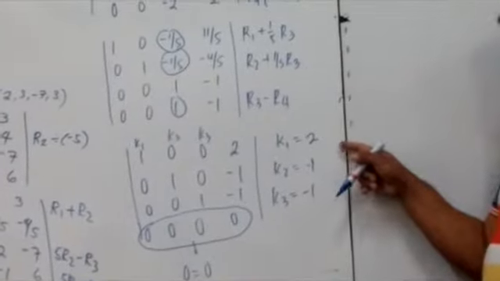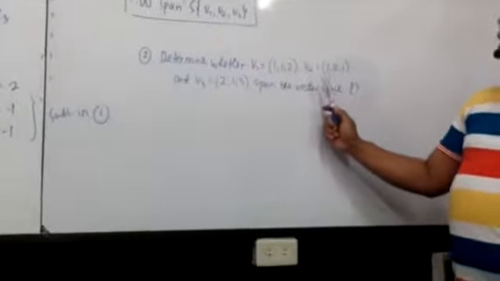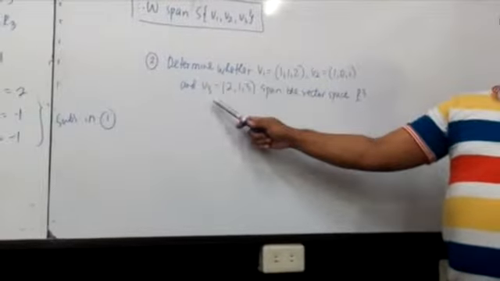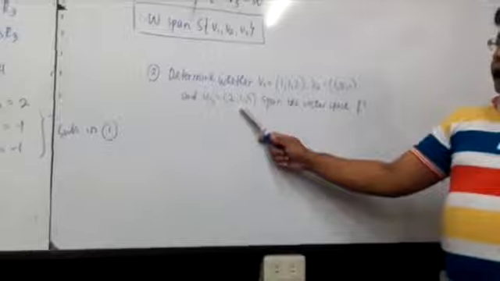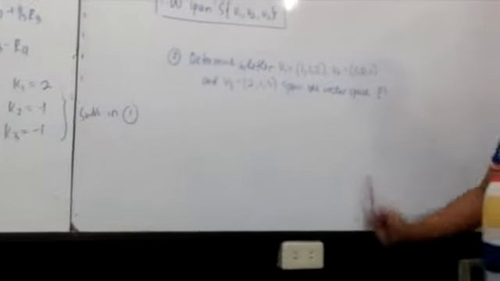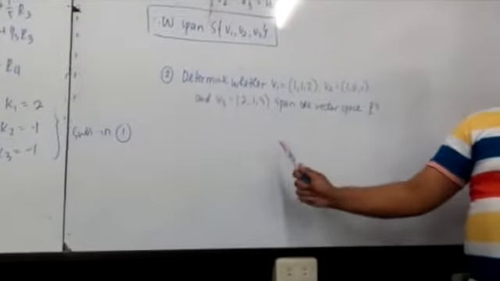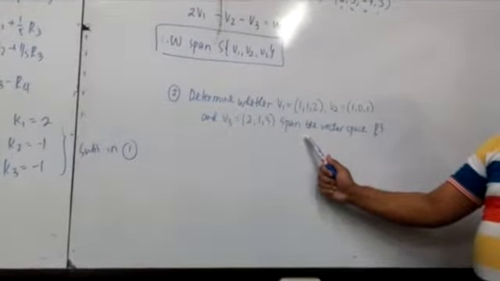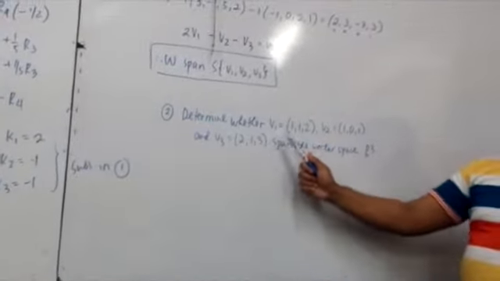And as you can see, vector V1, vector V2, whose components are 1, 0, 1, and vector V3, with components 2, 1, 3, span the vector space R3. So as you can see, class, we have now a different composition of the vector.